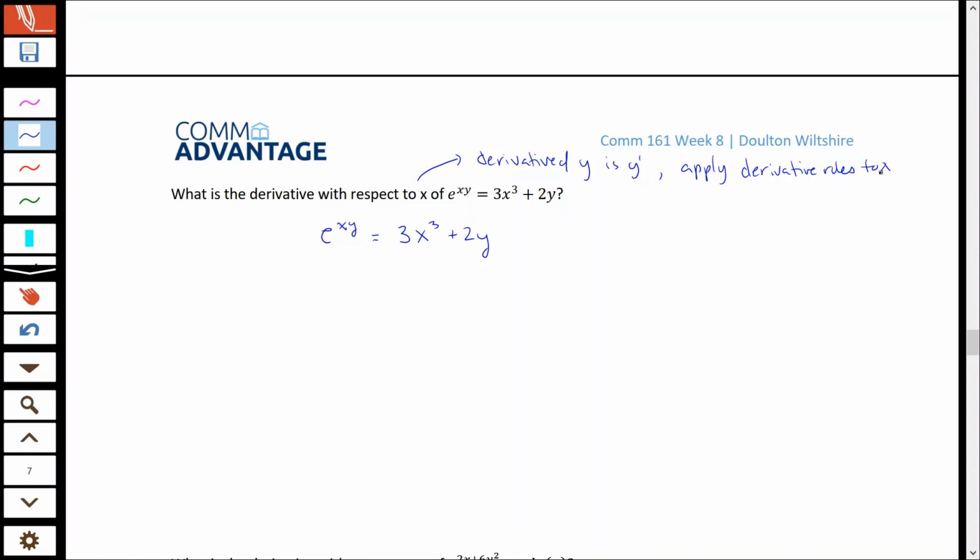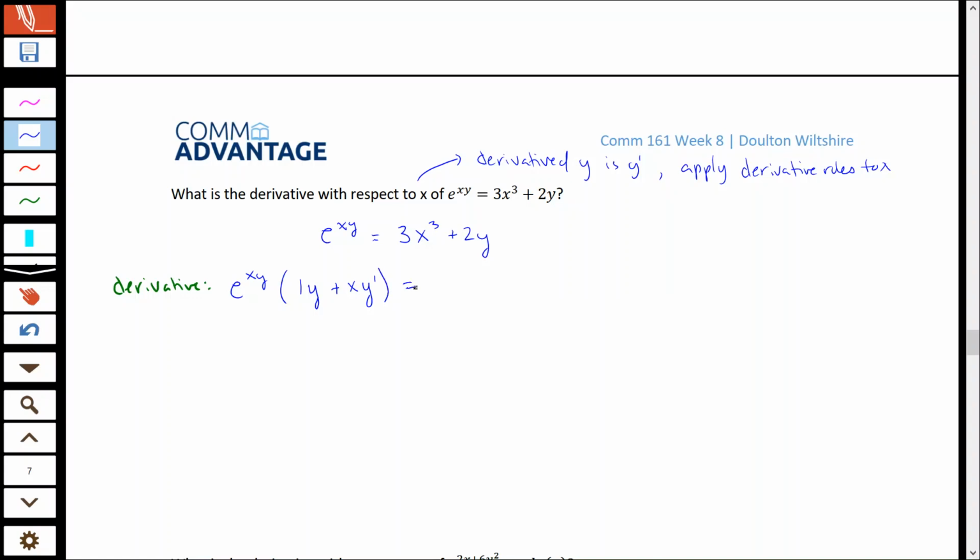So on our left-hand side here, when we go to take the derivative of e, the derivative of e is always just itself times the derivative of the exponent. And the derivative of the exponent is going to be a product rule. So derivative of the first, 1, keep the second, y, plus keep the first, x, derivative of the second, y prime, very similar to what we did above.